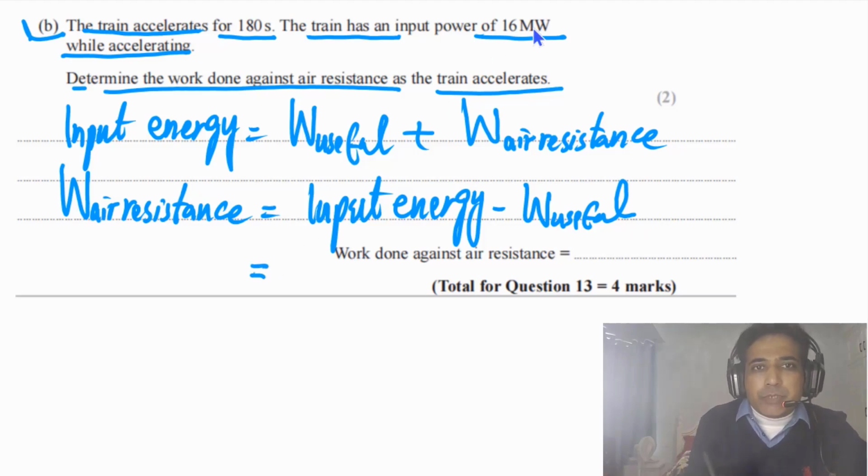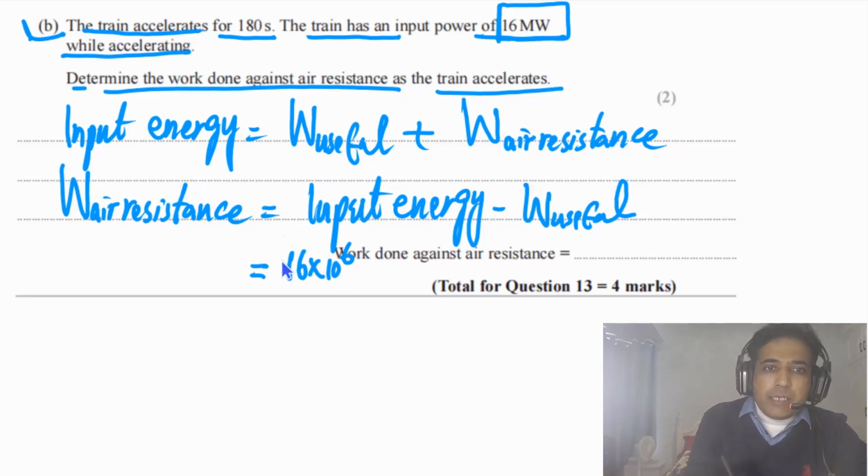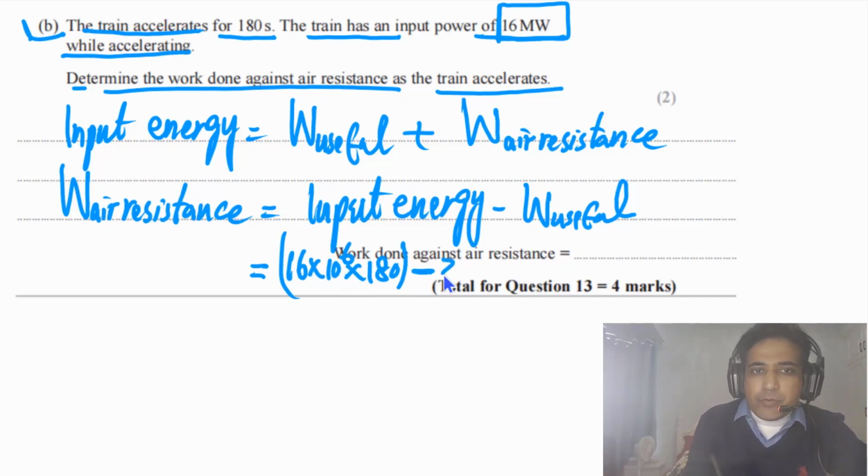Input energy simply we can calculate because we have input power and the time is given to us. So the input energy will be 60 times 10 to 6 multiplied by time 180, minus useful work done. We have already calculated 2.08 times 10 to 9.